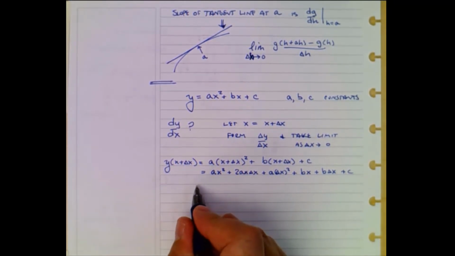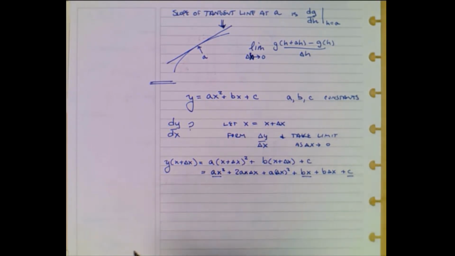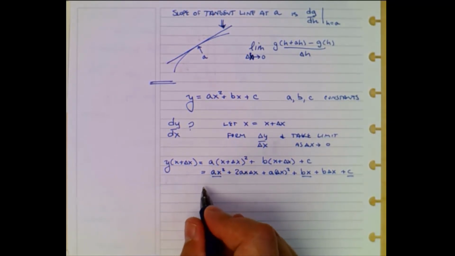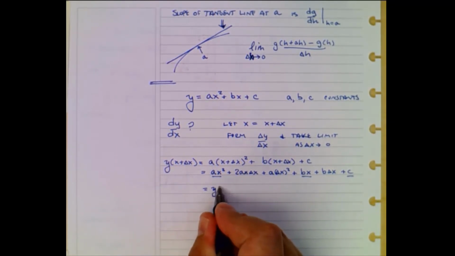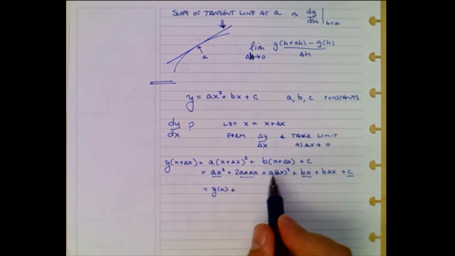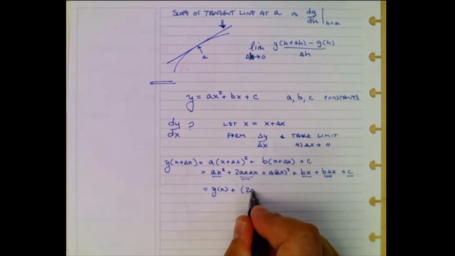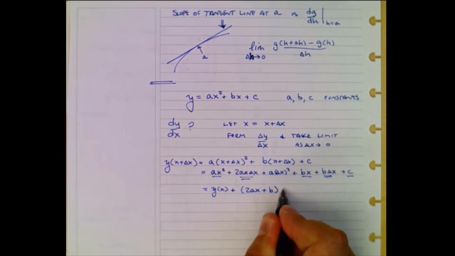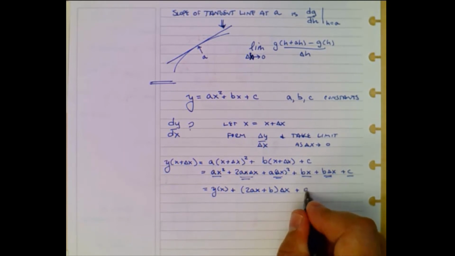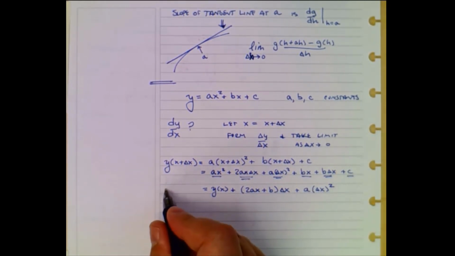I can then recognize that I've got the usual y at x here. So this is y at x, and then plus a couple of pieces that involve delta x. So plus 2ax plus b times delta x, and then a final term that is proportional to delta x squared, like so.